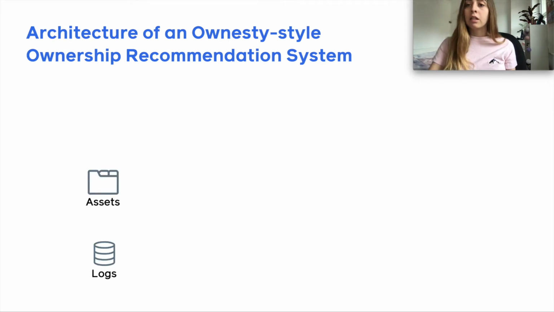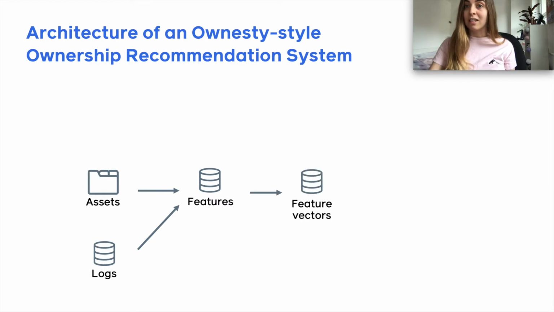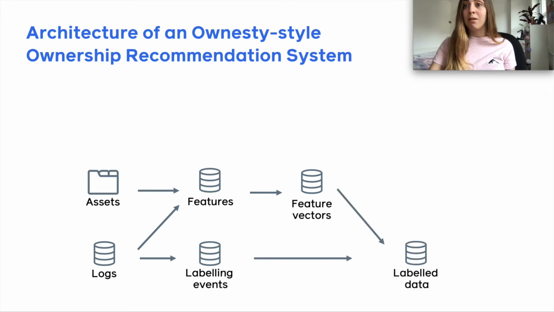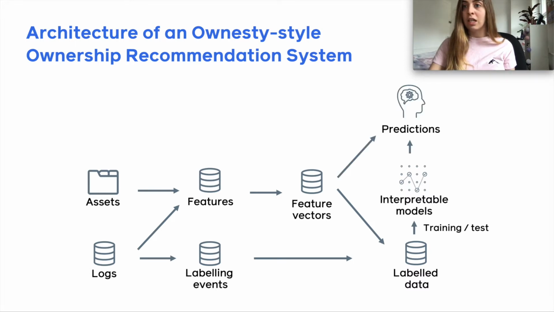Any company has lots of logs for different assets. We extract those logs and we turn them into features and feature vectors. We also use these logs to create labeled data on assets and owners. We use this data to train our models. We then input all of the assets and feature vectors to make predictions.